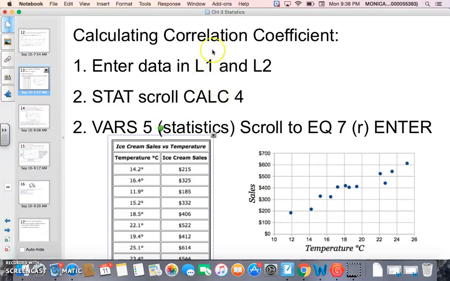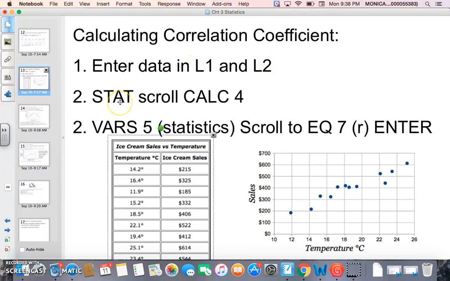So what you're going to do is enter your data in L1, and all you have to enter are those 2 points, the 2 temperatures, 12 degrees and 25 degrees. And then in L2, you're going to put in $180, $610. So L1 has 2 data points, L2 has 2 data points.